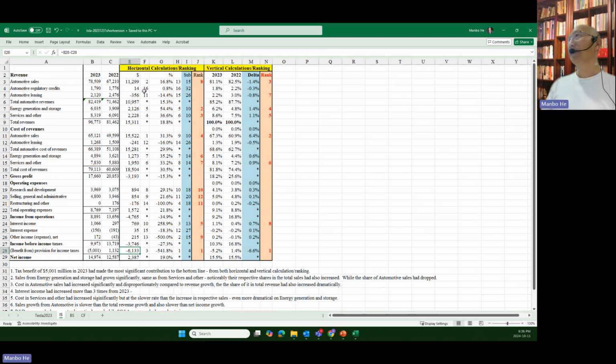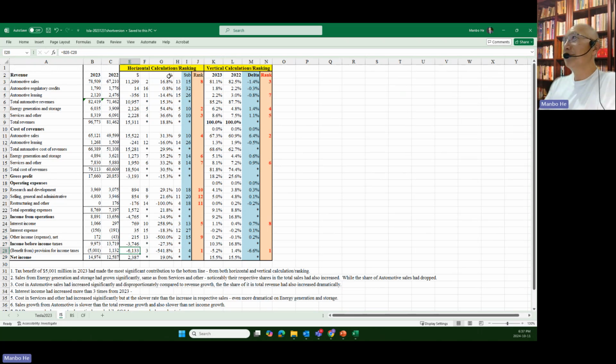So we get the whole statement done, ranked from number one all the way to number 16. There are 16 items in total which are not a total or a subtotal. That's how we do the horizontal comparison in terms of the dollar amount.